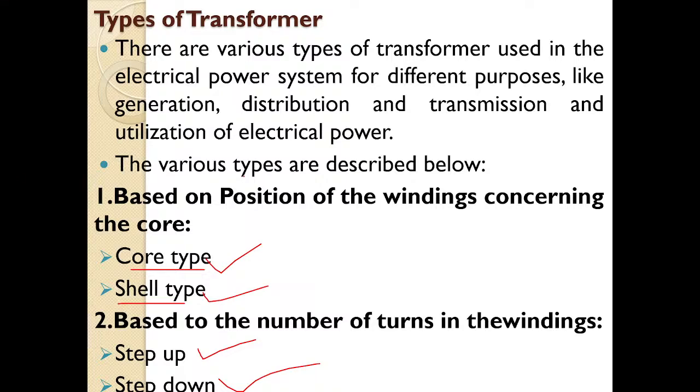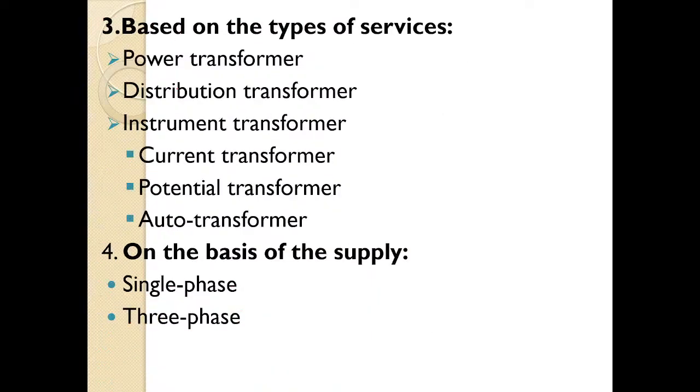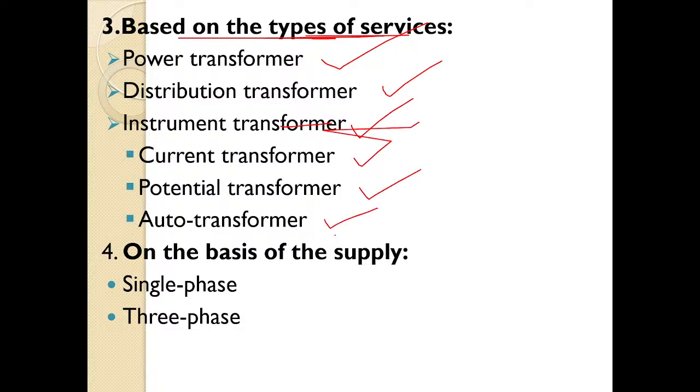Depending on the core construction, a transformer can be core type or shell type. You can further classify transformers based on the type of service: power transformer, distribution transformer, instrument transformer, current transformer, potential transformer, or auto transformer.